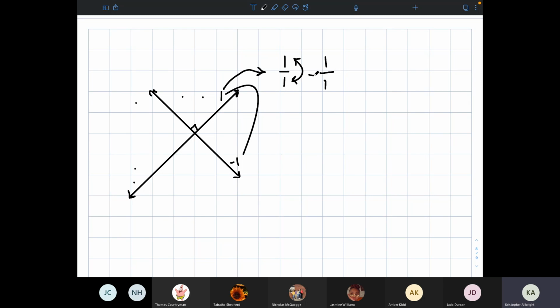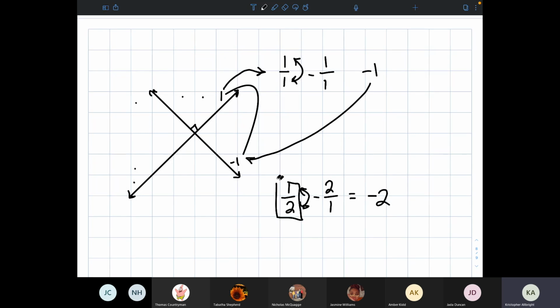If we have a regular slope of 1/2, then we flip it and make it 2 over 1, and then we make it negative. So the slope perpendicular to 1/2 is going to be a -2 slope.